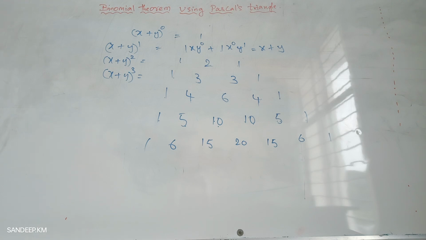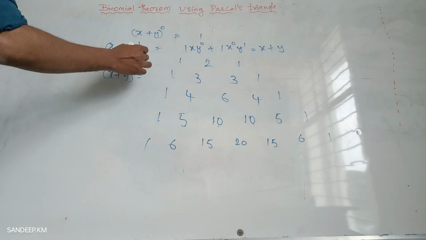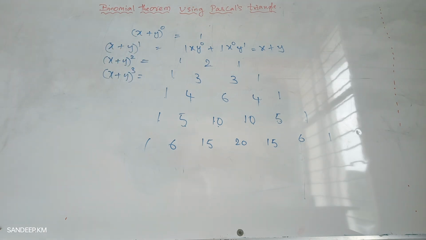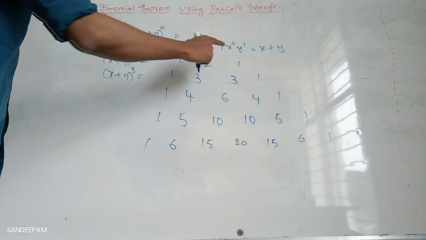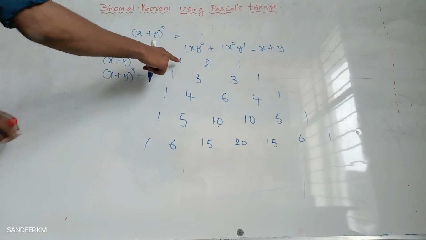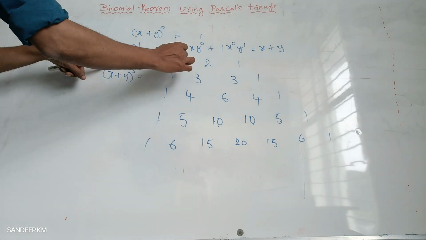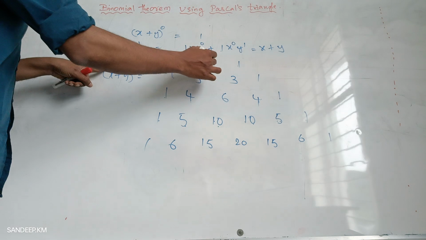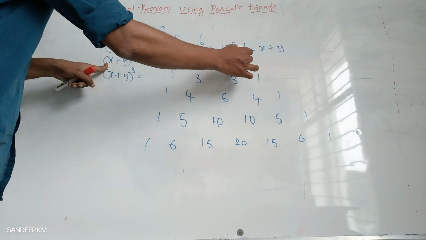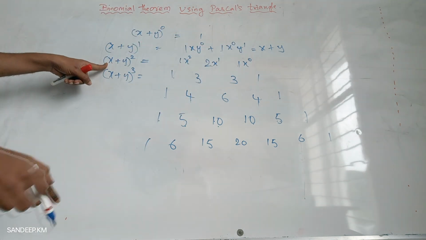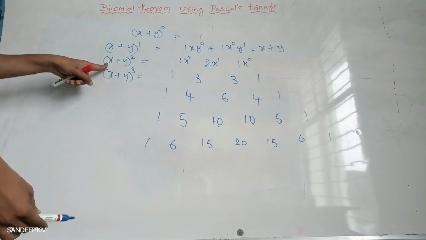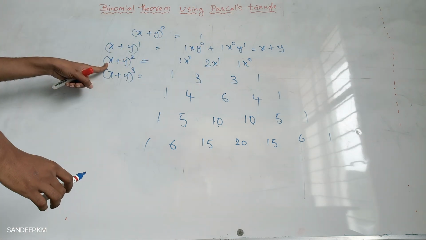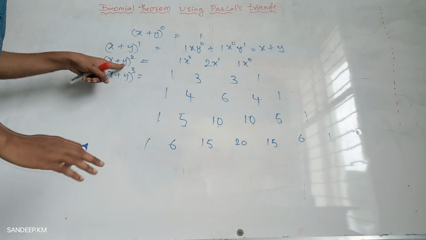Then come to x plus y whole square. What is x plus y whole square using this Pascal's triangle? There are totally three terms. The first term takes x power 2, the highest power of x. Next term, x power 1, then x power 0. So the powers of x are decreasing starting from x square. Similarly, the powers of y will be increasing.